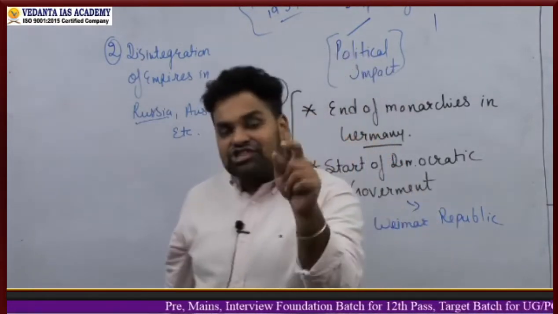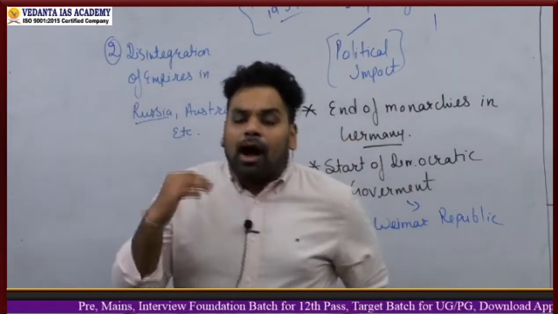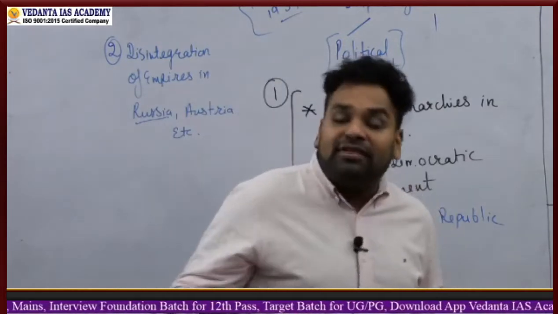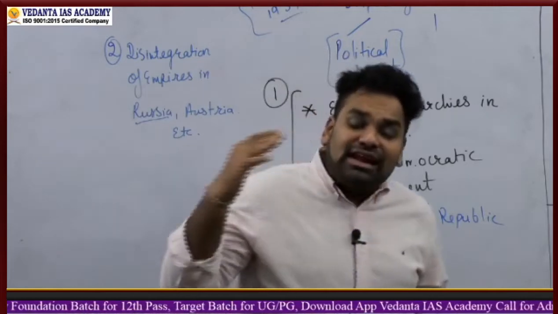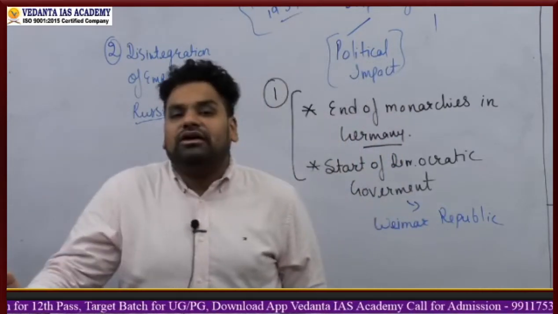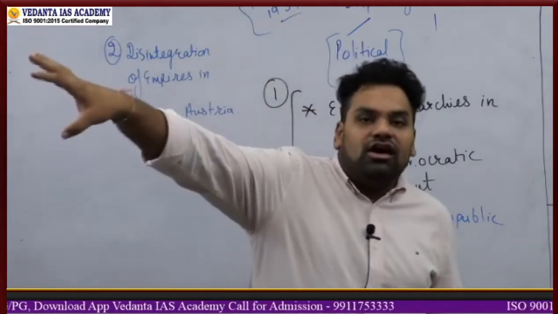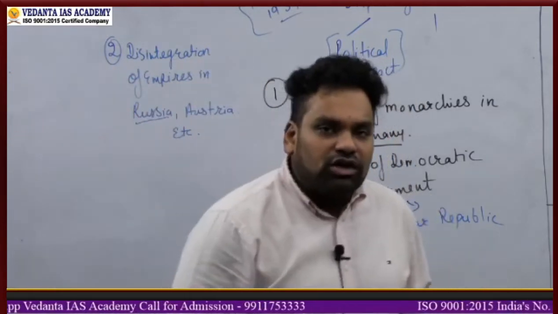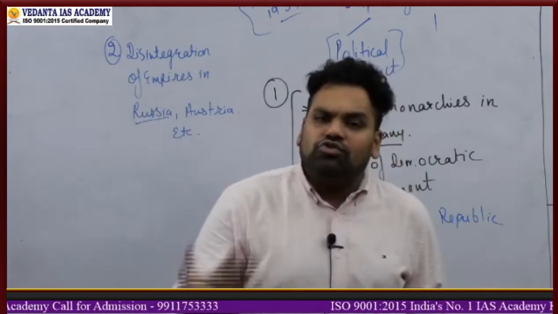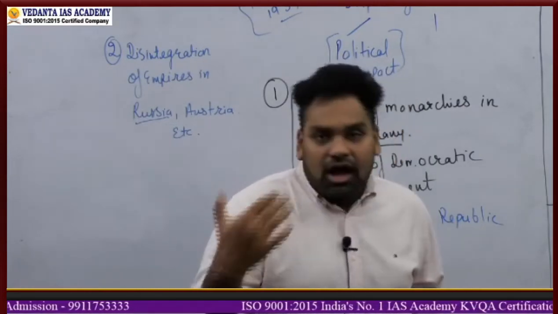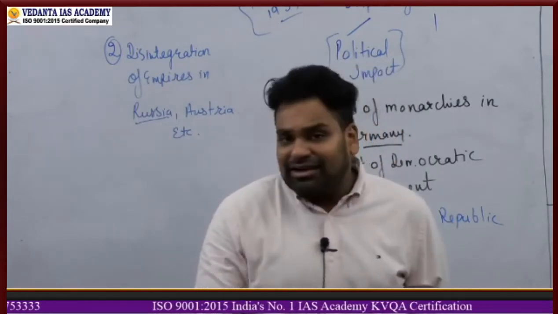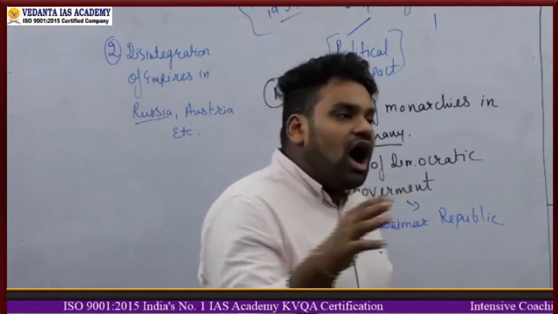That will be led by a person known as Vladimir Lenin. Vladimir Lenin will be leading this particular revolution in Russia. From there on, Russia will get converted into a socialist and a communist country, right? So that is something which we need to understand.